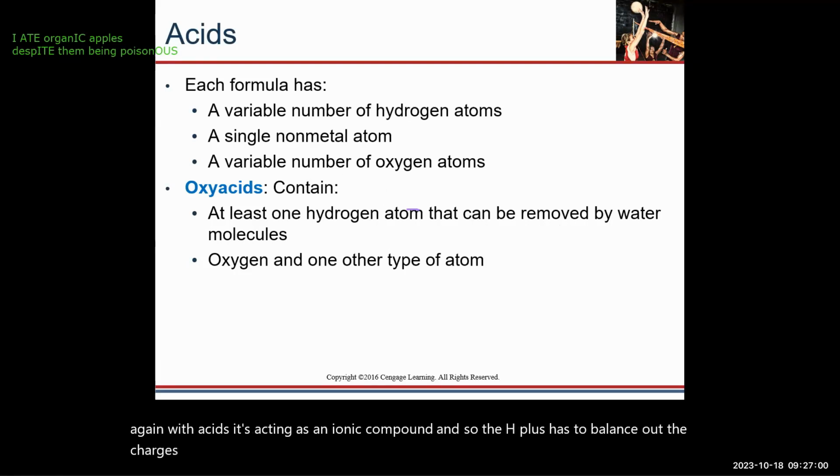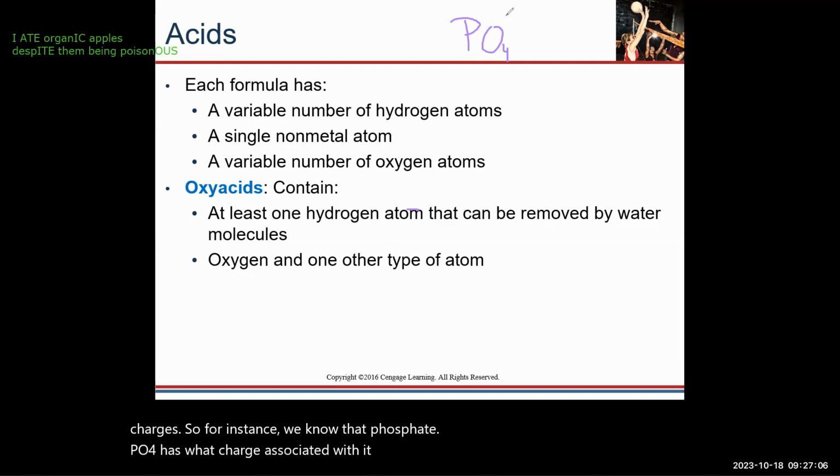So for instance, we know that phosphate, PO4, has what charge associated with it? What's the charge on phosphate? Where would I find that? It's a -3 charge.